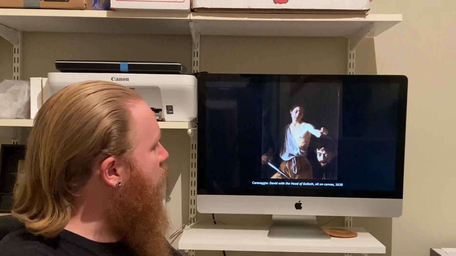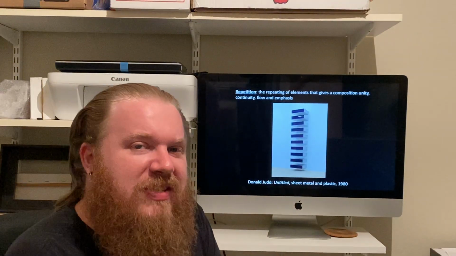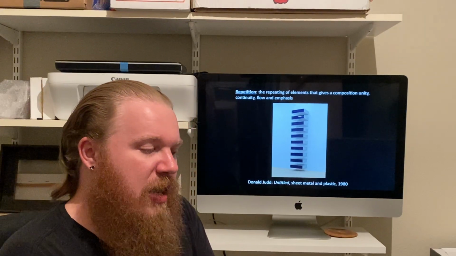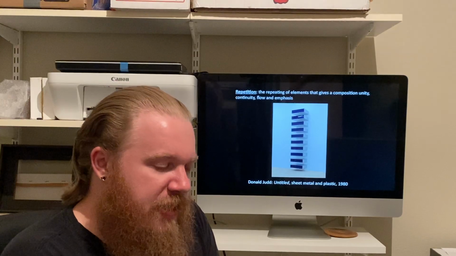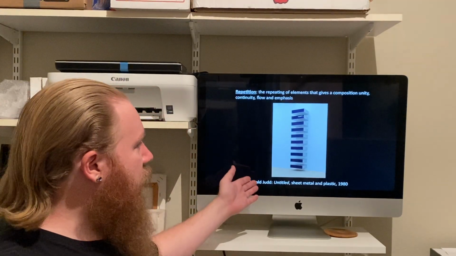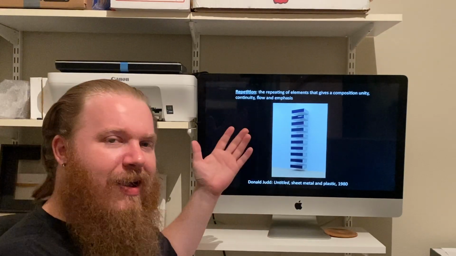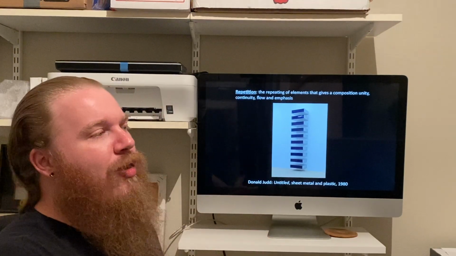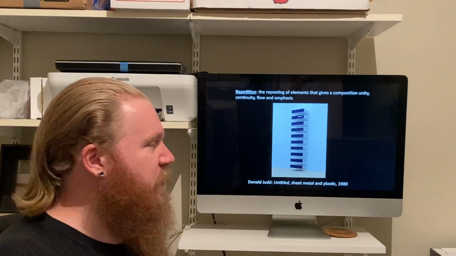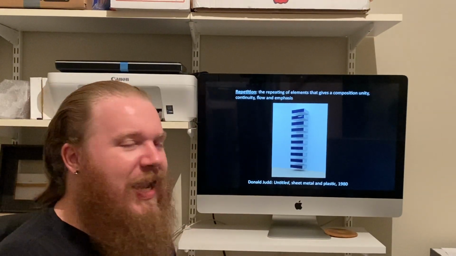Now, as opposed to contrast, we also have repetition. And this refers to the repeating of elements that gives a composition unity, continuity, flow, as well as emphasis. Not a lot of artists really utilize pure repetition. However, it's much more common in abstract and non-objective art forms, such as Donald Judd's Untitled here.